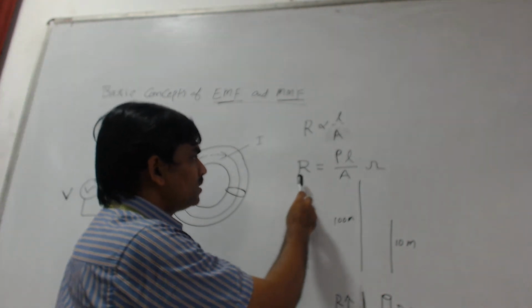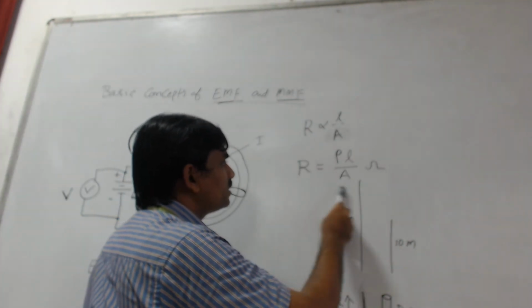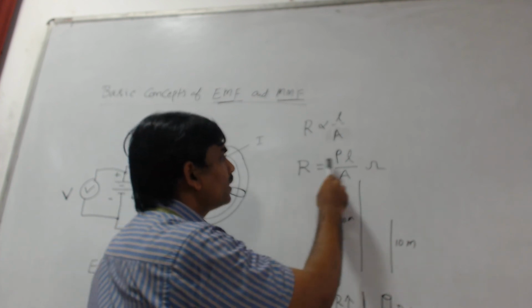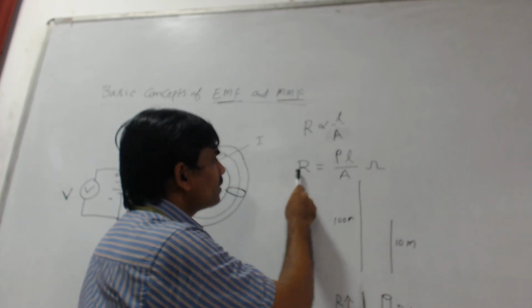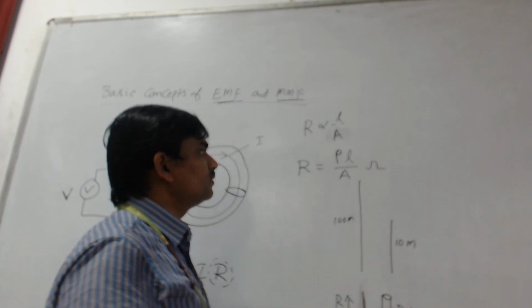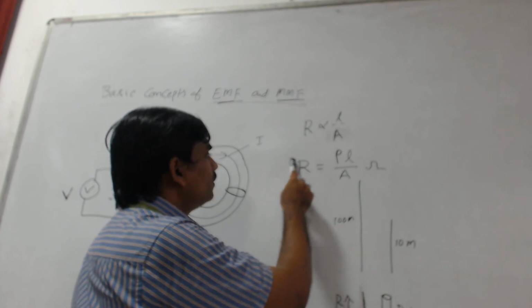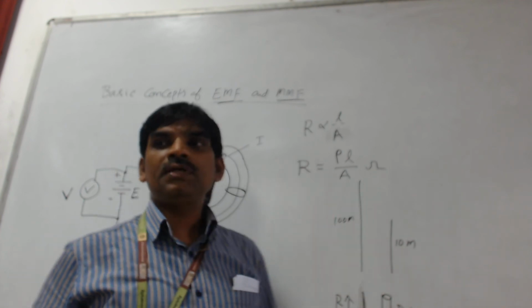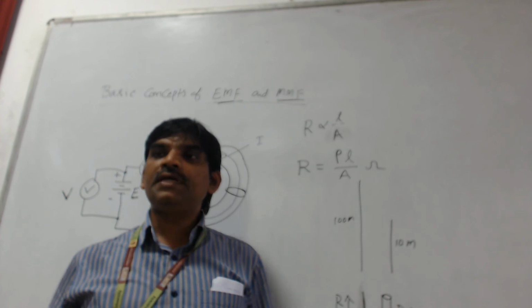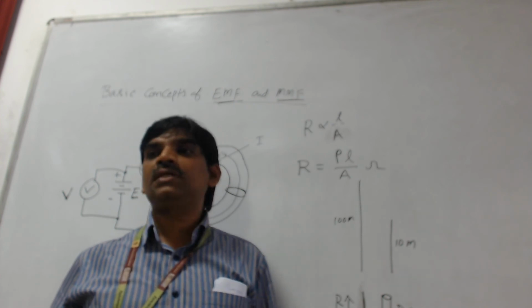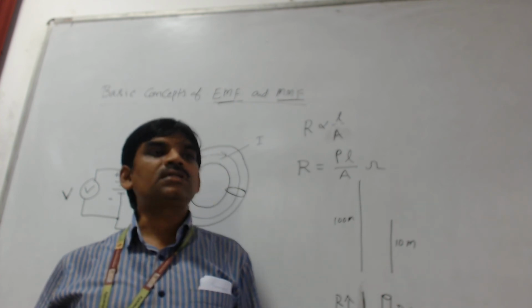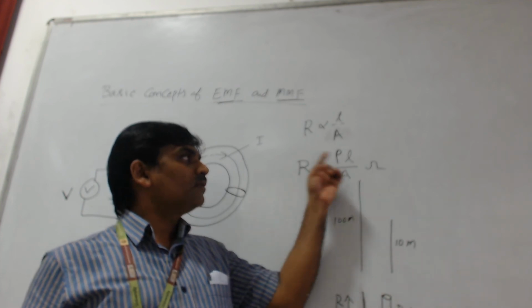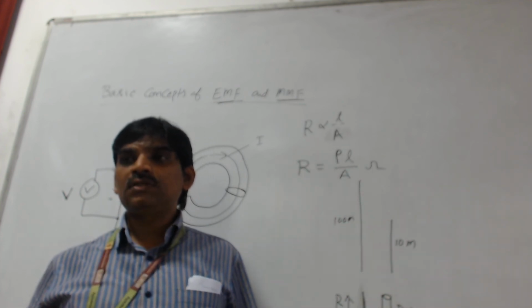My dear students, the resistance of the material depends upon the length of the conductor and is inversely proportional to the area of the cross section. For materials with the same length and same area, the resistance still changes a little because of their material constant, called resistivity.